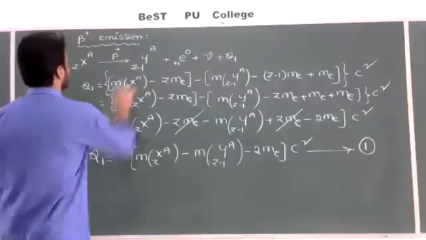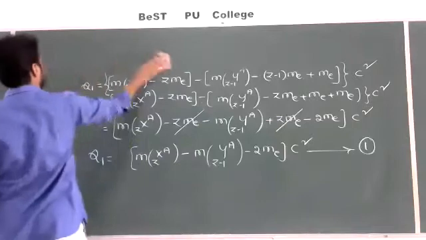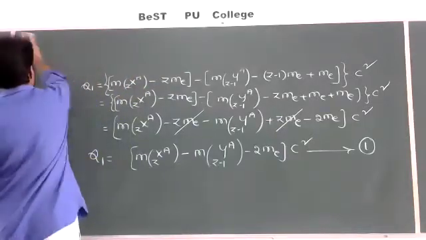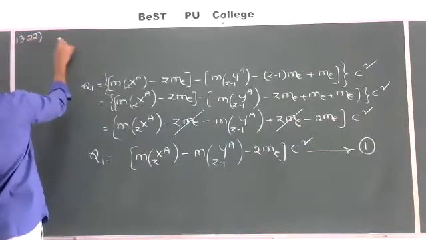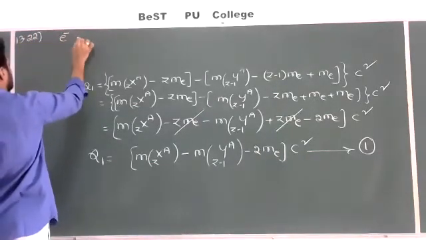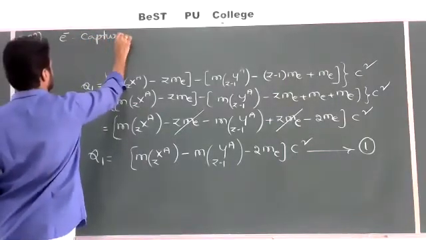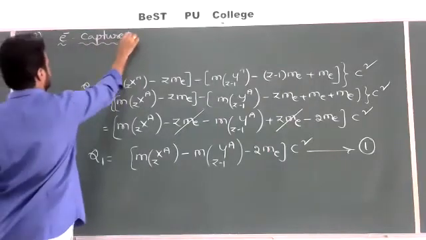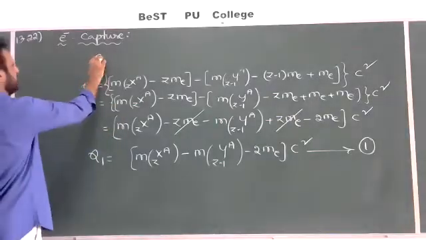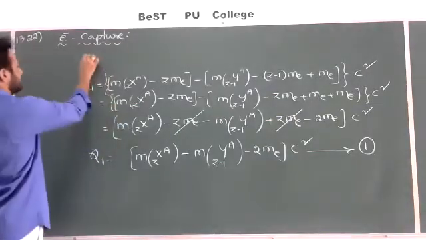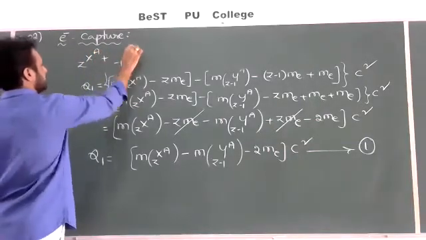So I'll go for electron capture, or E minus capture. Here also write one formula. Electron capture means XZA plus e minus 1 0.